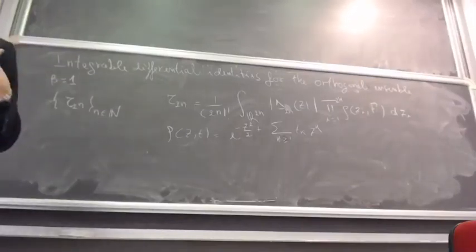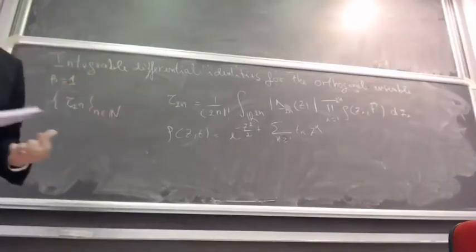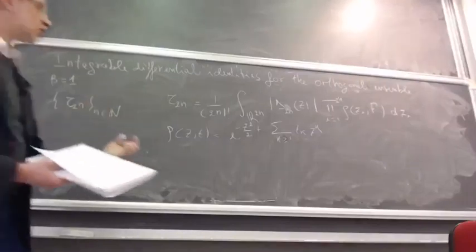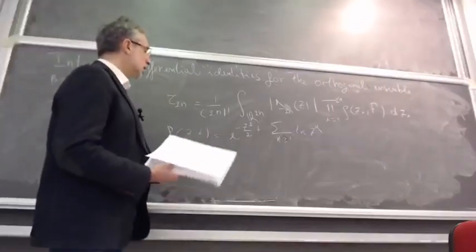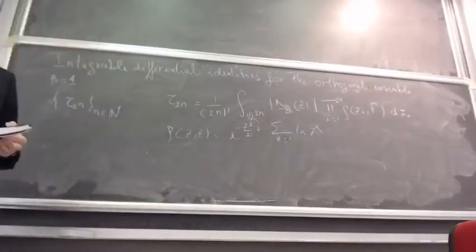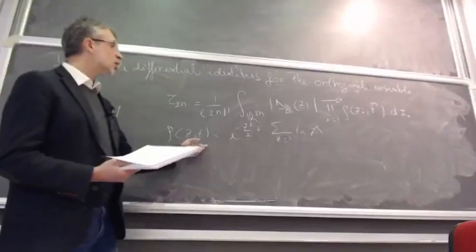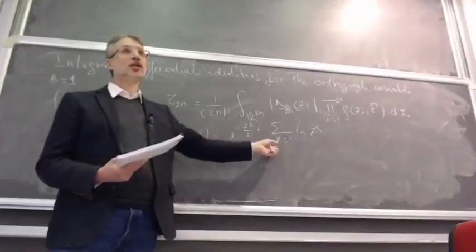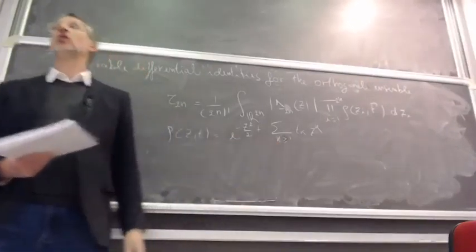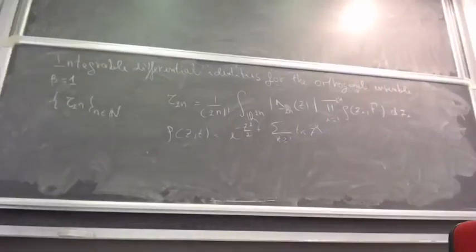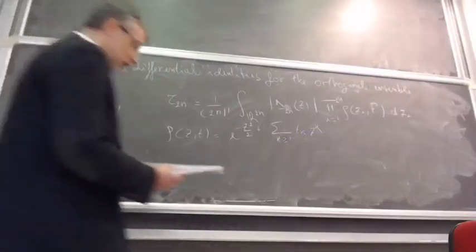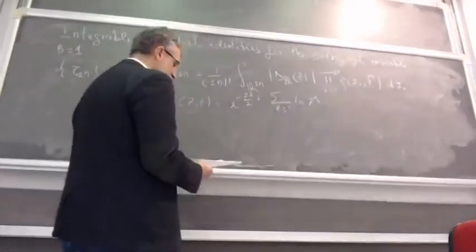What is the analog of the moments matrix in this case? Is it the definition we use in the case of the unitary ensemble, where the scalar product is induced by this weight, or do we need something different? Adler and van Moerbeke proved that you need something different, and that's what I'm going to define now.